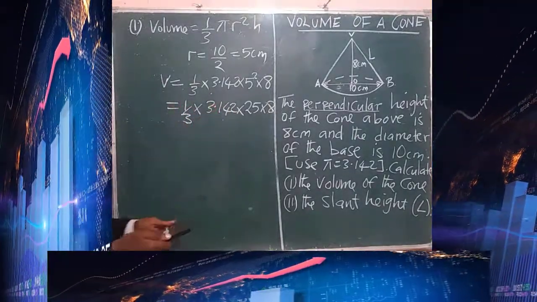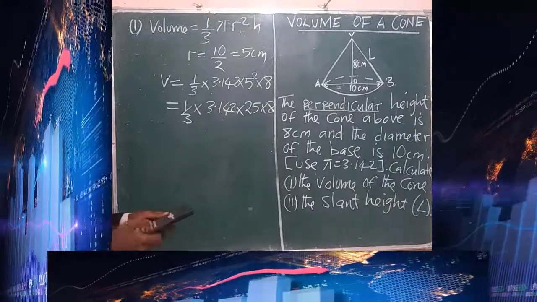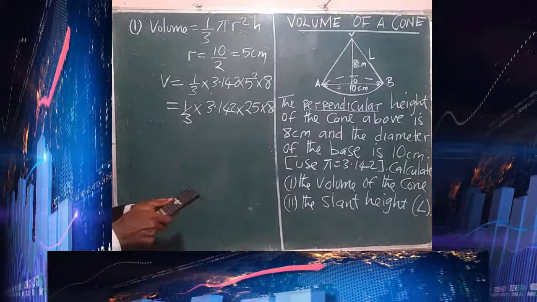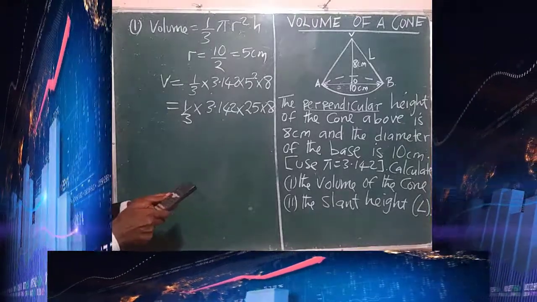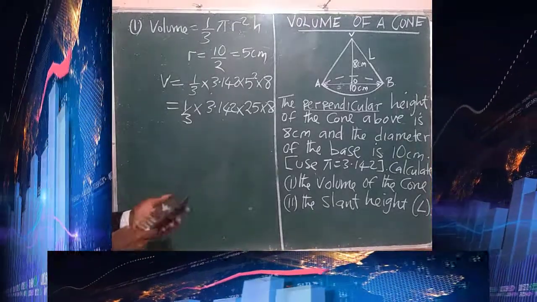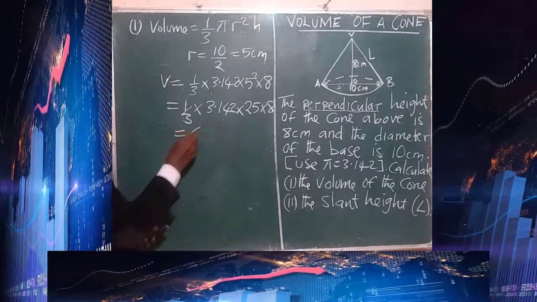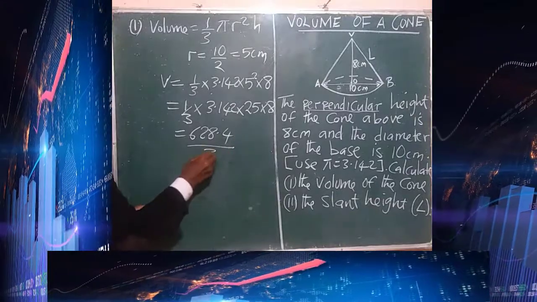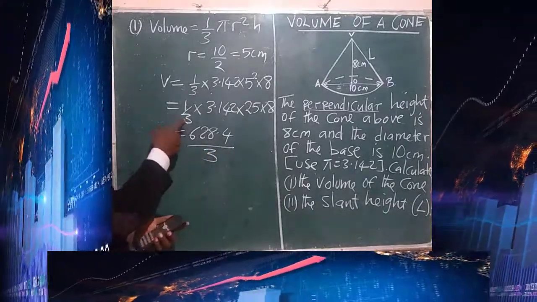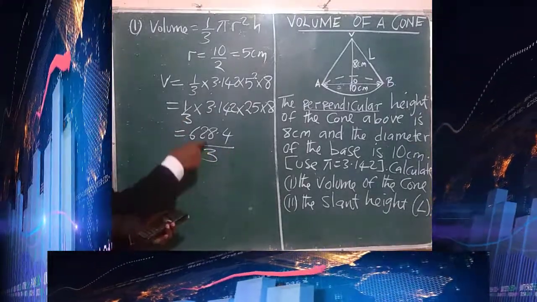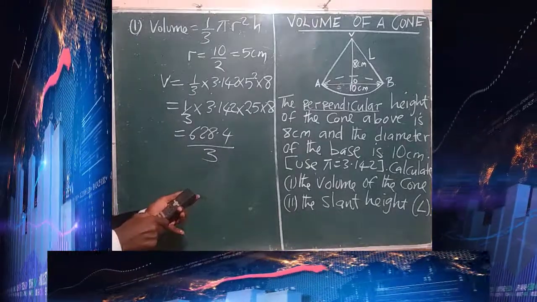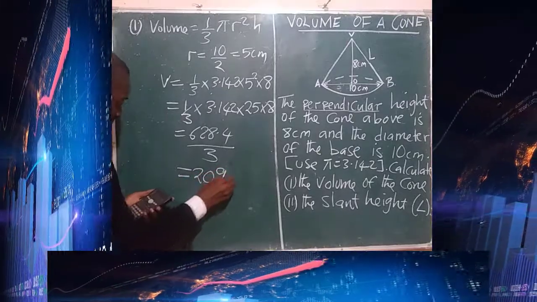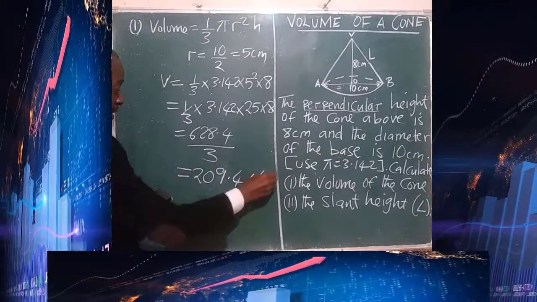Then we can multiply these numbers on top. So 1 times 3.142 times 25 times 8 will give us 628.4 over 3. This 3 is in the denominator. When we divide by 3, we are going to have 209.466.